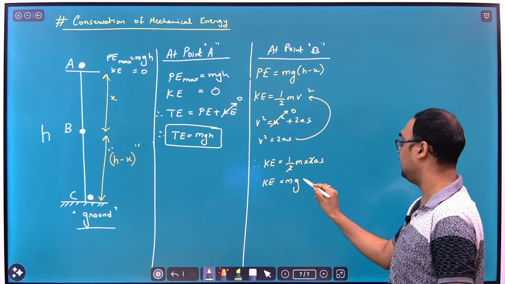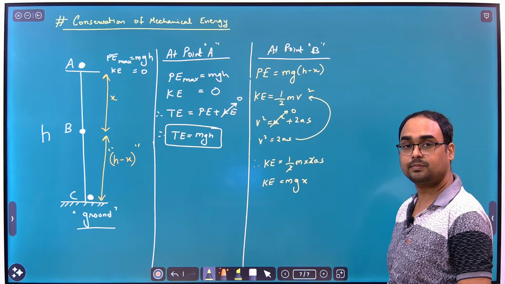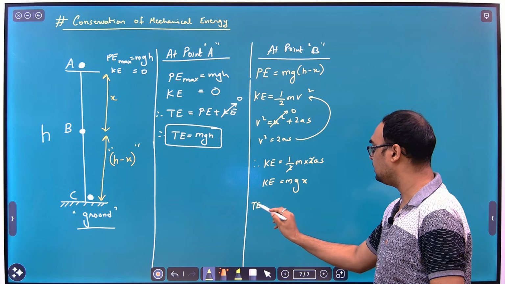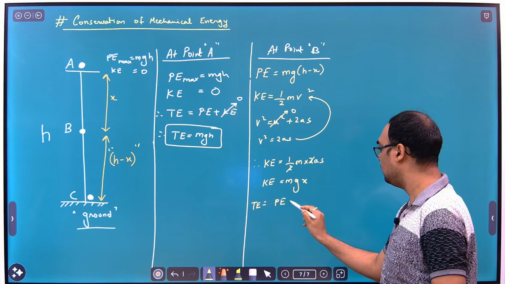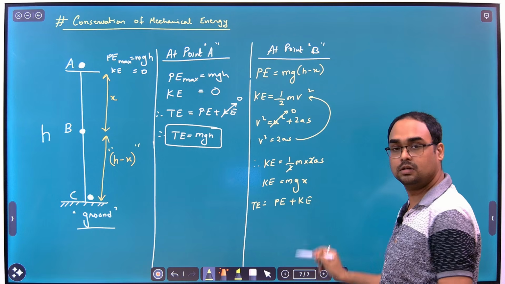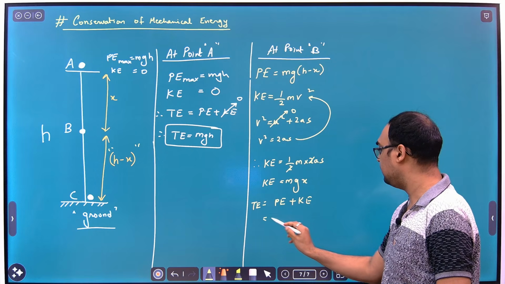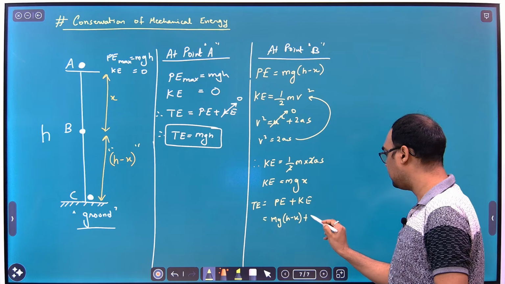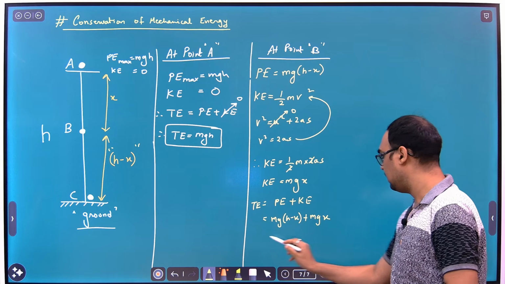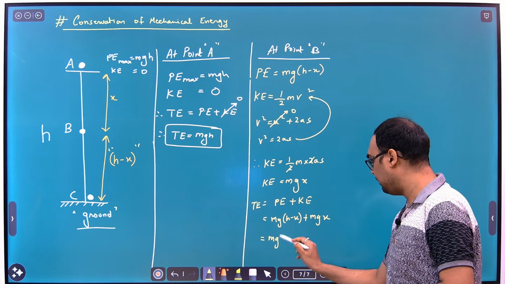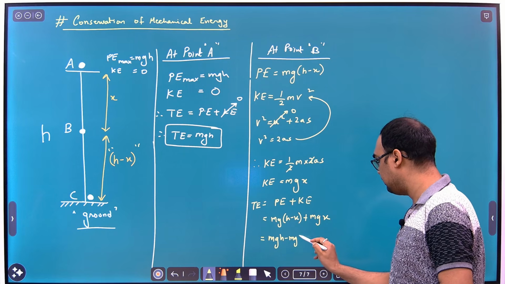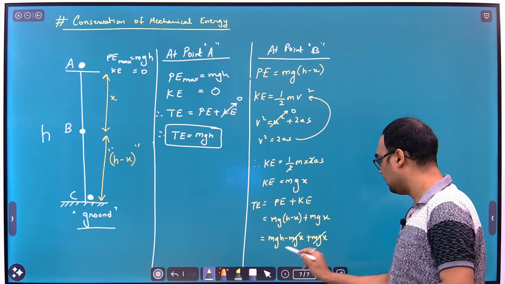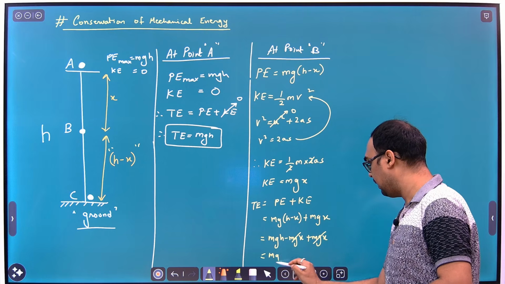So s is x. That's your kinetic energy, mgx. Therefore, total energy is potential energy plus kinetic energy. So let's write mg(h minus x) plus mgx. Let's open the bracket: mgh minus mgx plus mgx. So it's ultimately mgh.